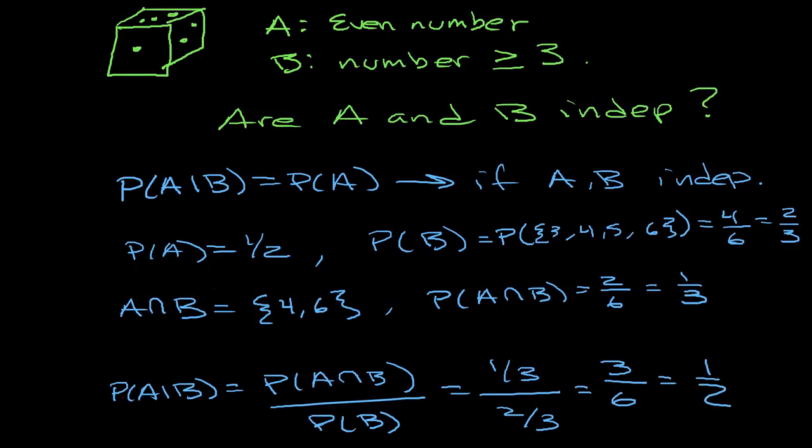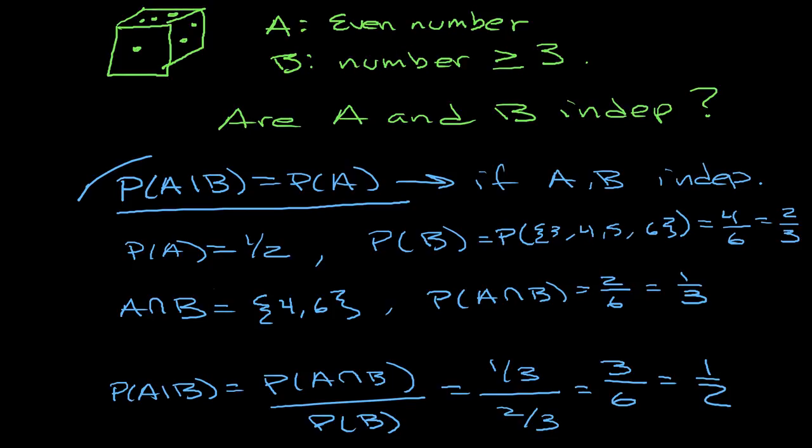So the conditional probability of A given B is 1/2. If A and B are independent, then that should be the same as the probability of A. The probability of A is 1/2. So yes, this holds true. So A and B are independent.